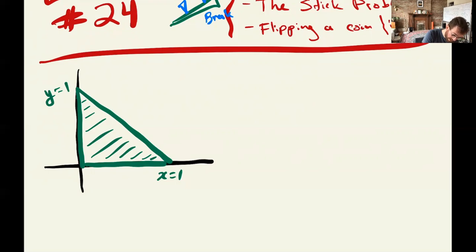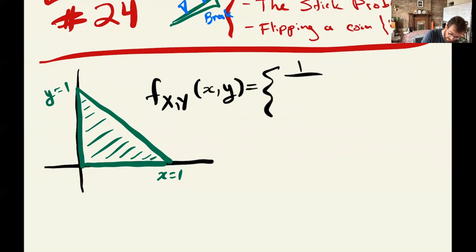So immediately we know that the joint density function for big X and big Y looks like 1 over the area for points in the support, and it's 0 otherwise.